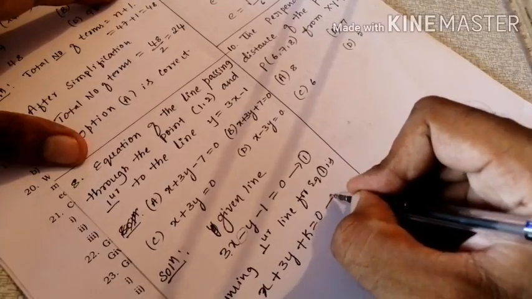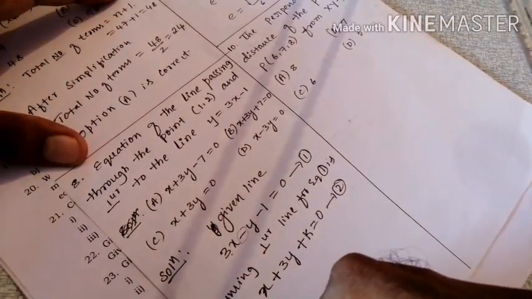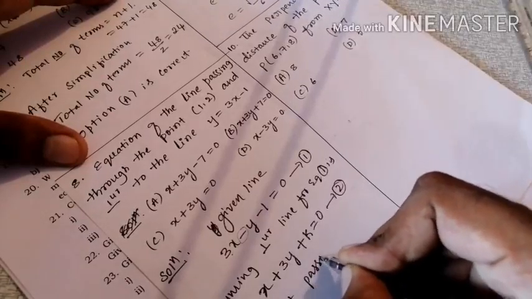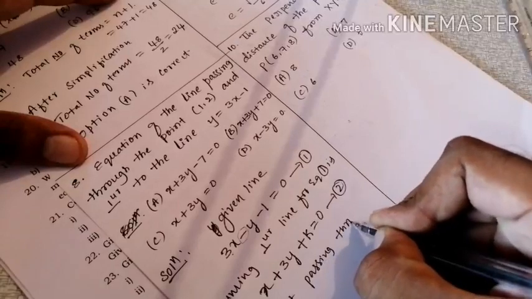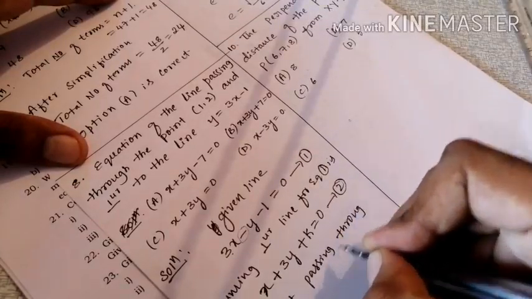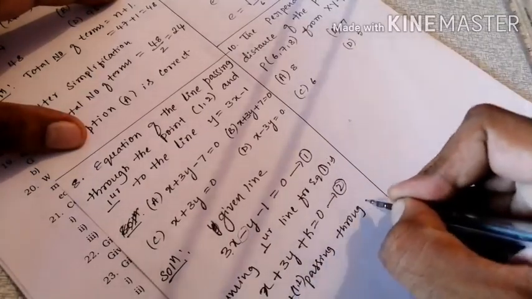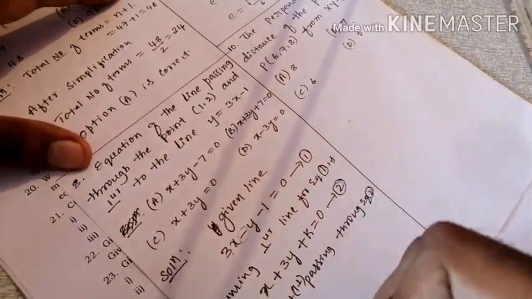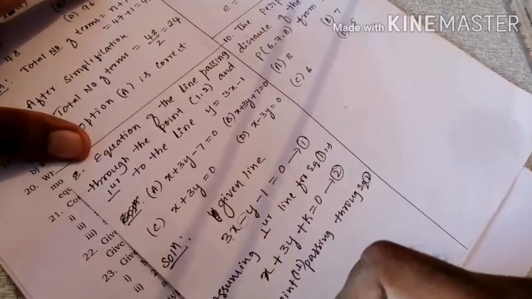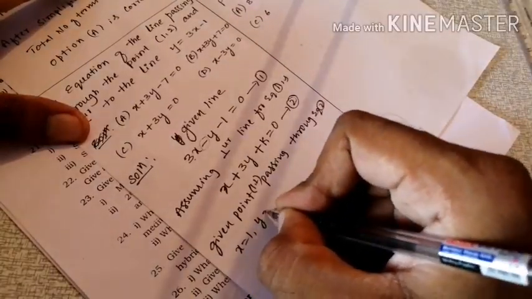Now what to do? This is equation number 2. The given point, passing through. What is your point? (1, 2), passing through equation 2. Passing through means replace x by 1 and replace y by 2, which means x is equal to 1 and y is equal to 2.